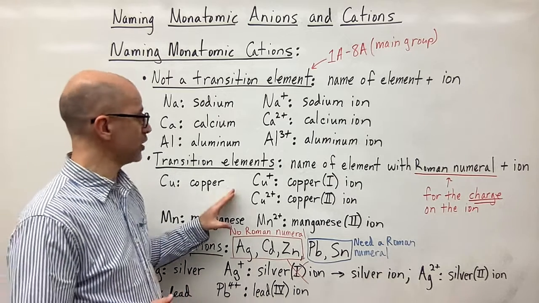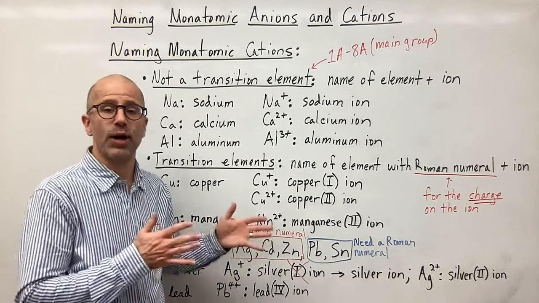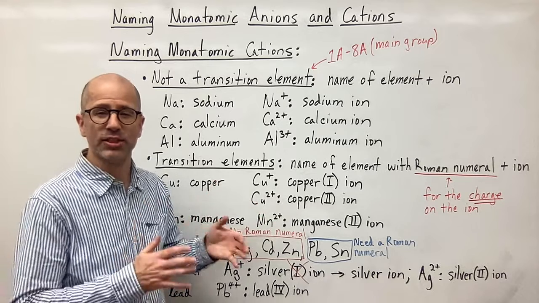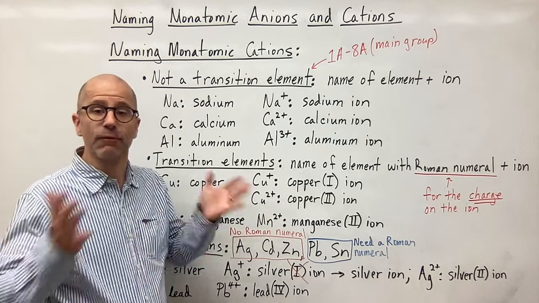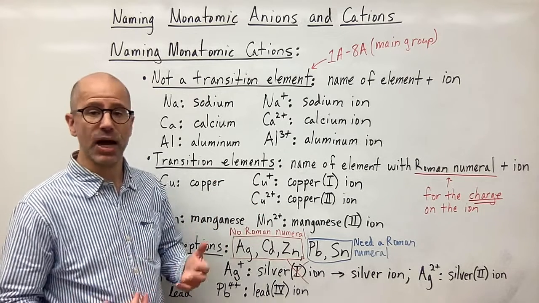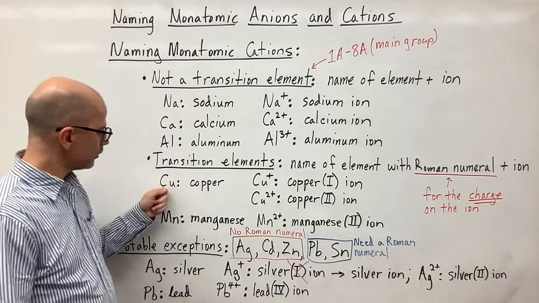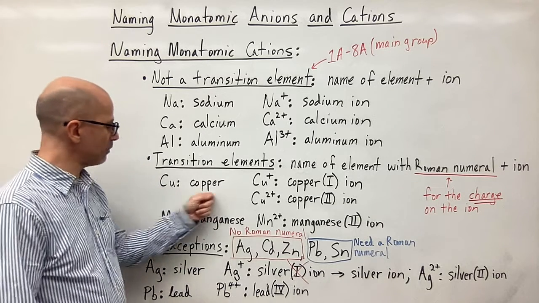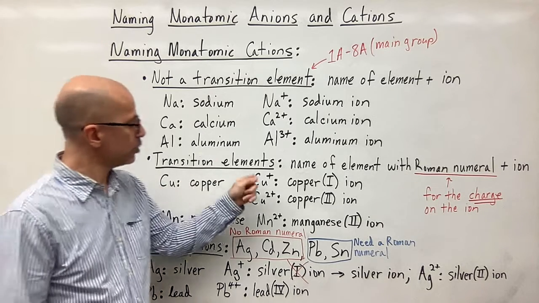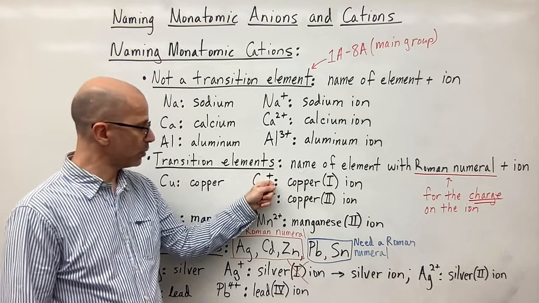But for the transition elements, you can have multiple charges, and so you need a Roman numeral to identify what the charge is on your ion, so you can identify what kind of ion you have. So we need to name them differently based on their charges. For example, Cu is copper, that's the name of the element. The Cu+ ion is going to be copper 1 because it has a 1+ charge.